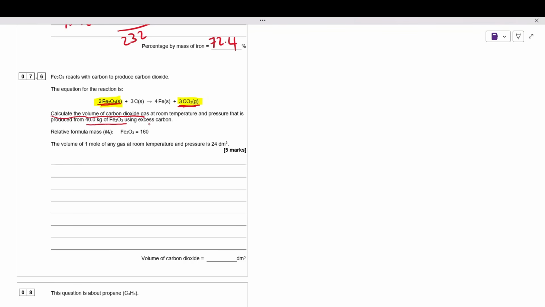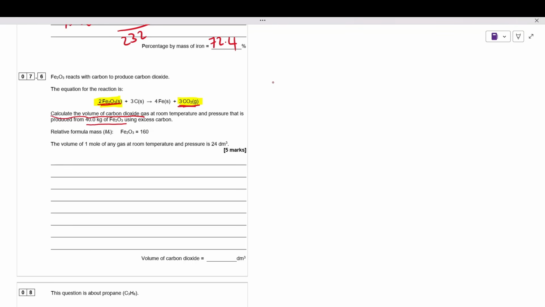Even though it says we're using excess carbon. Remember, if we're using excess, it means that the iron oxide is the limiting reagent, which means that the proportion of carbon dioxide that is produced will be dependent on the iron oxide and not the excess carbon. So we can ignore that completely, right?